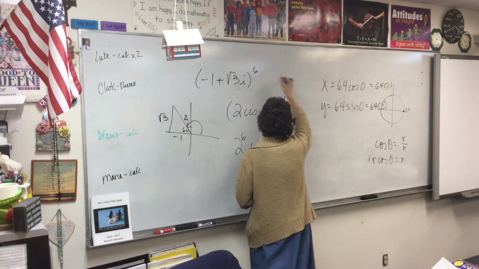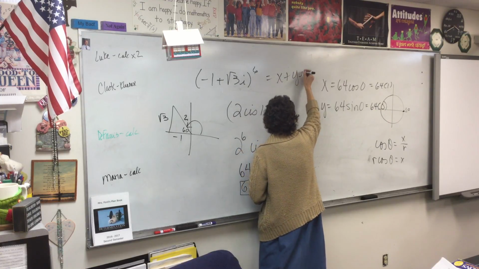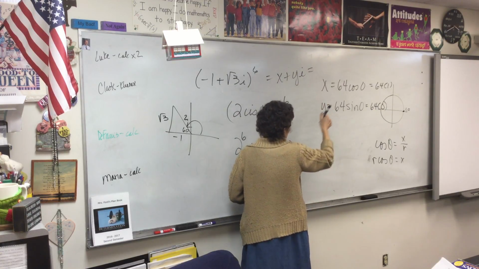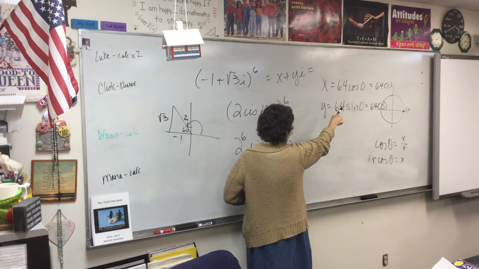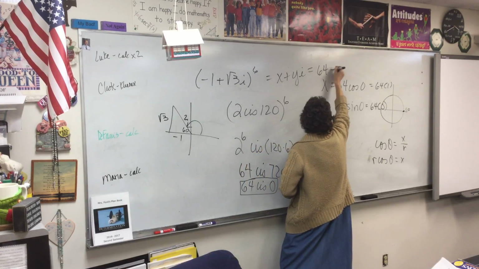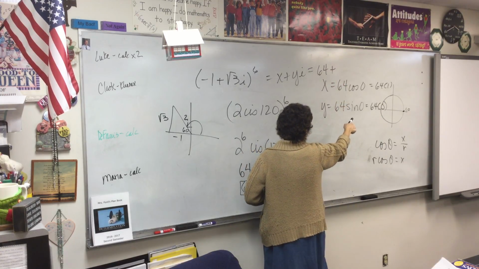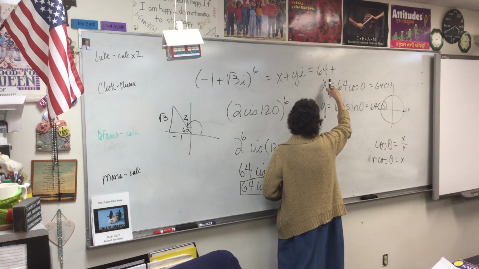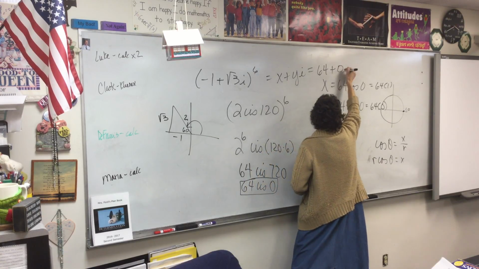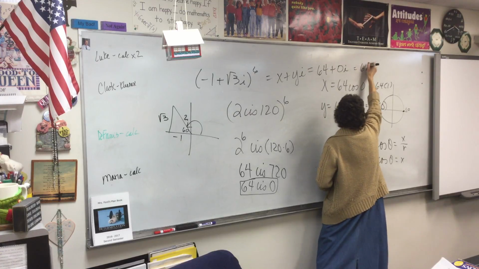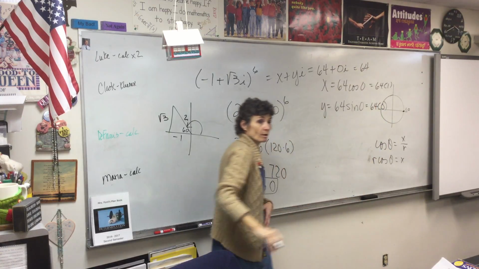So what's my answer? I'm trying to get an answer that's x plus yi. So my x is 64, and my y is nothing, so 0. So you can either write 64 plus 0i, or you could just write 64.